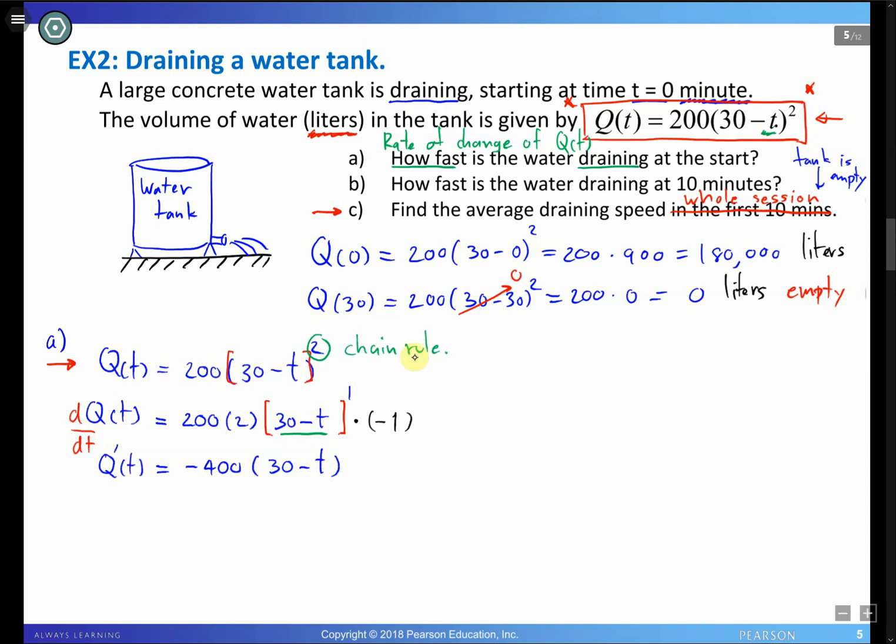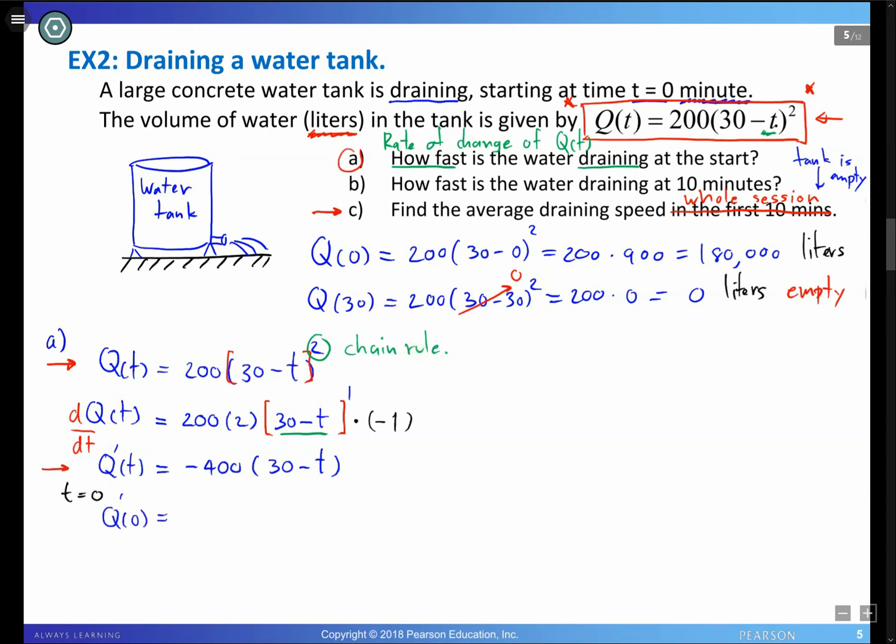Now let's take a look at question A. They want to know how fast the water is draining at the start. We have the q prime right here, so we are ready to use this. At the start, that is when t equals 0. So for A, t has to be equal to 0. Let's find q prime at 0.